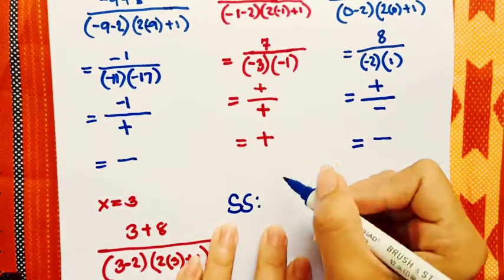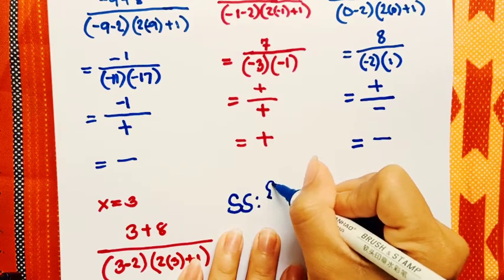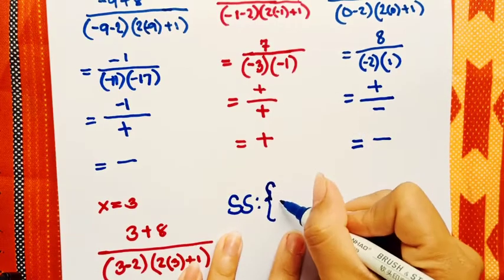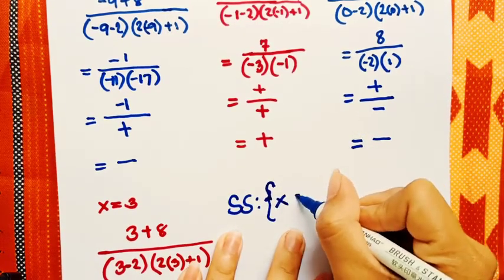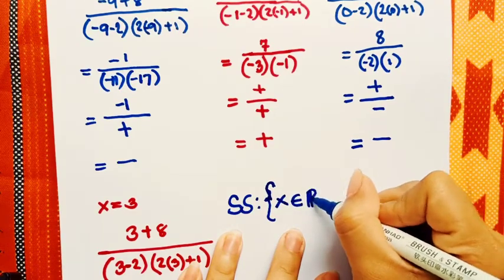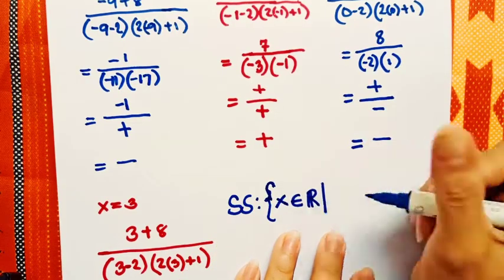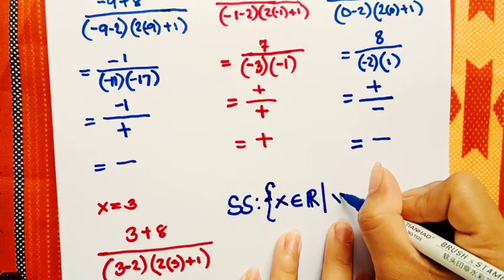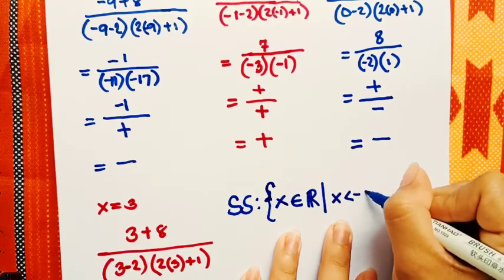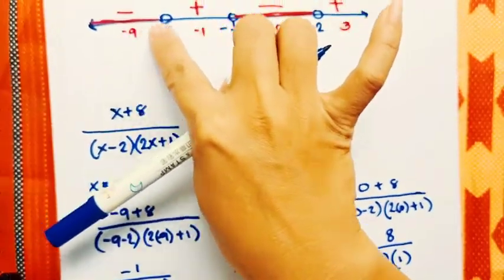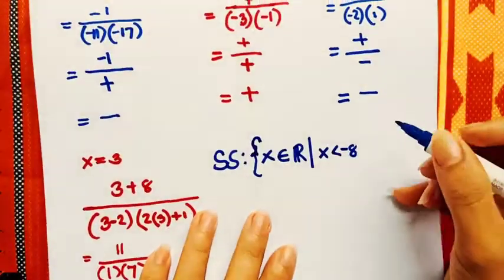Solution set is x is an element of all real numbers such that x should be less than negative 8. O, mas gamay siya sa negative 8.